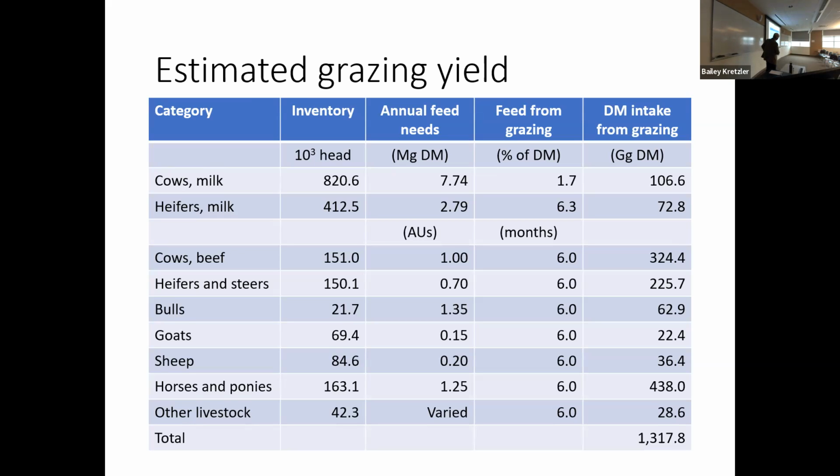The next line here is annual feed needs. And here, the data we got for dairy is different from the other categories. Let me talk about this. We leveraged some data that were collected as part of a nationwide life cycle assessment of the dairy industry. So credit to Greg Thoma at the University of Arkansas for sharing portions of that data with us. They had done a representative survey.